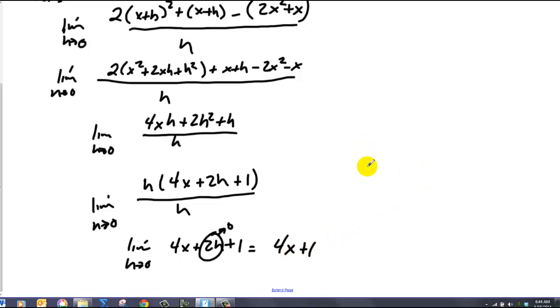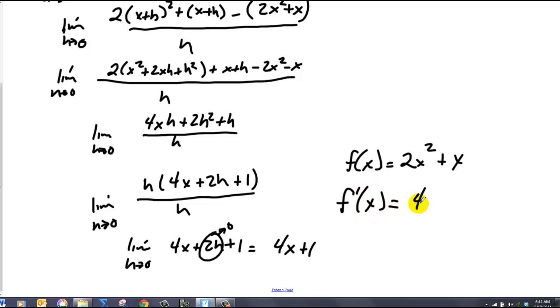So if I go back to my original and say, what was, if f of x is 2x squared plus x, what's the derivative of that, or the equation of the slope? That's just 4x plus 1. Kind of an involved process.